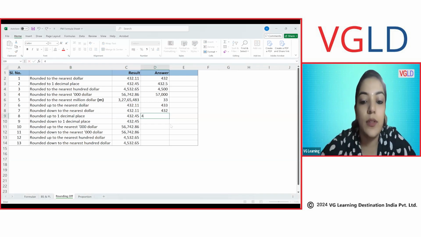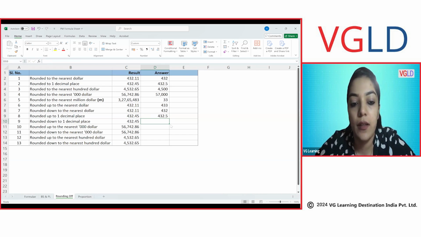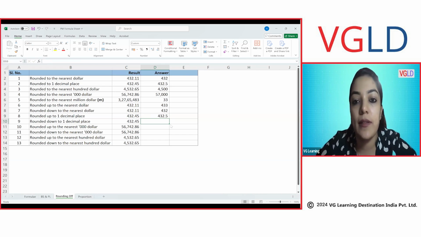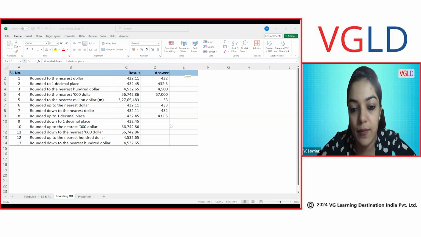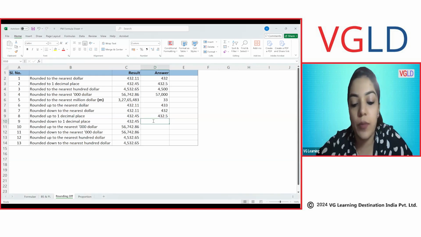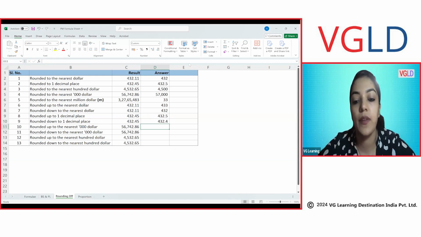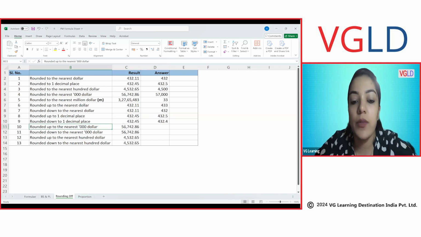And that is 432.5. Very good. Rounded down to one decimal place. Question number 9. Very good. That is 432.4. Very good.